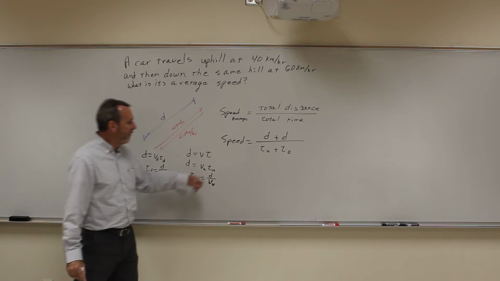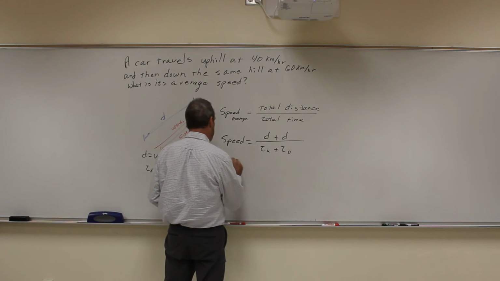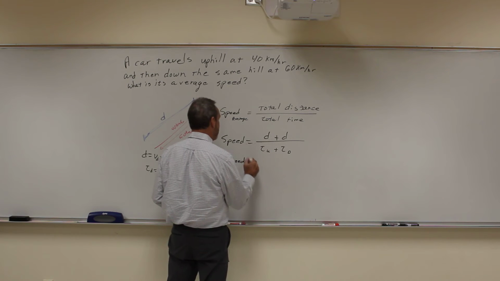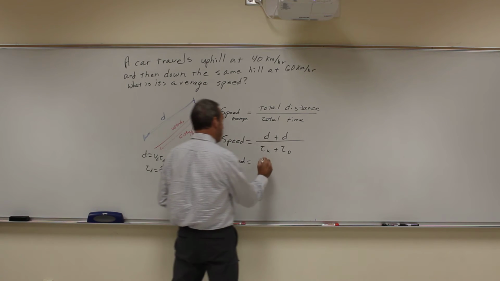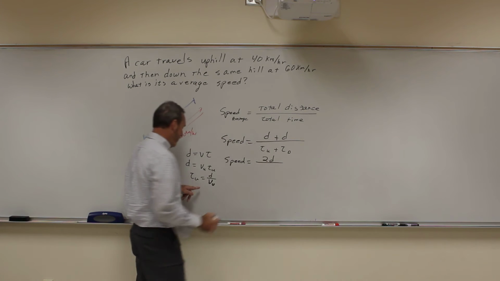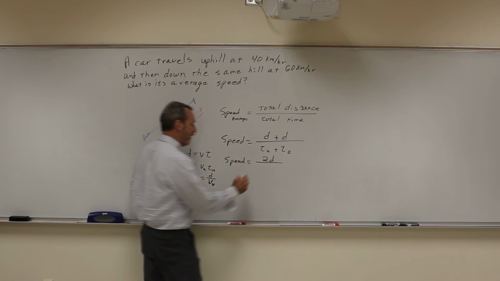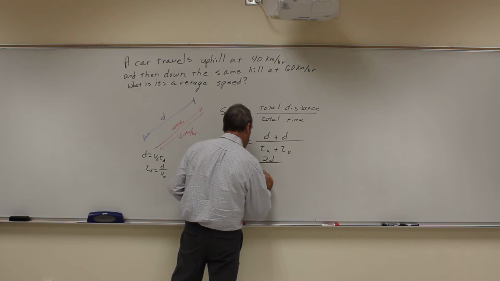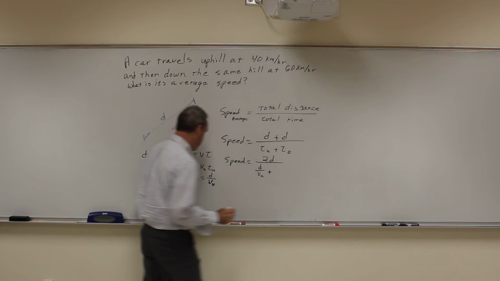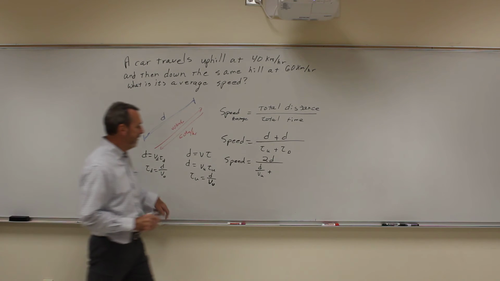Now I have the times. So I'm just going to plug these back into here, and we're going to say, oh, the average speed is equal to 2d, d plus d on the top, and I'm just going to plug this in for the time going up, which is just d over velocity going uphill, plus d over the velocity going downhill.